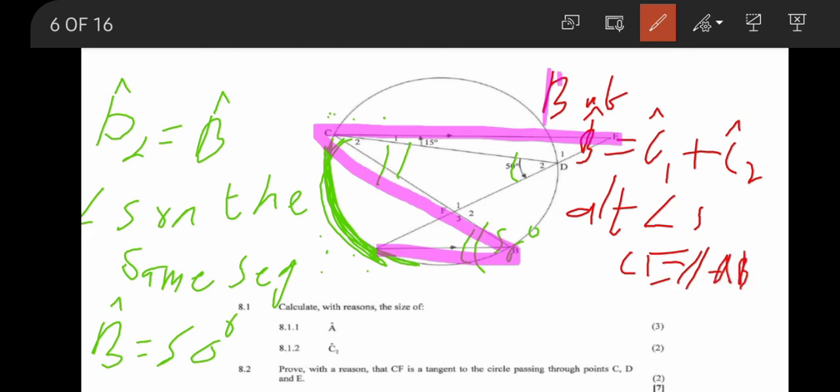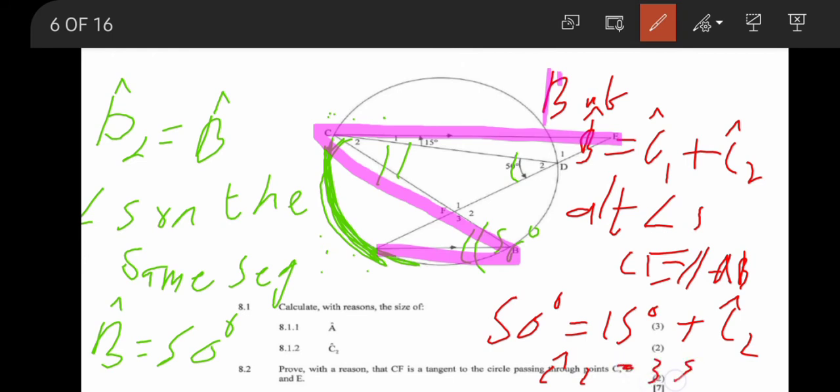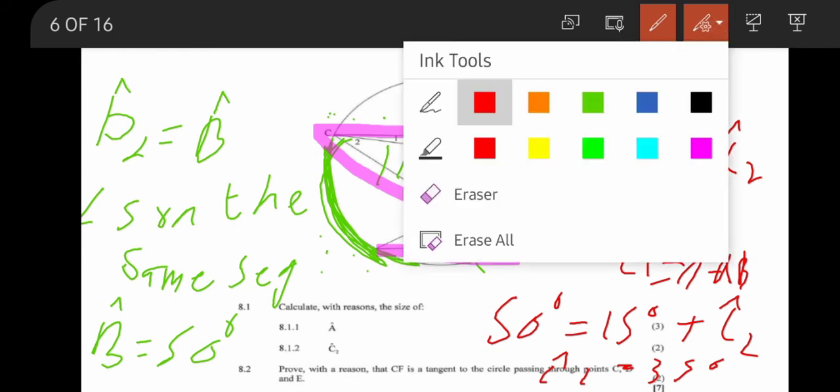Then what's my C1? My B, I have 50 degrees. C1 I'm given to be 15. I'm looking for C2. So C2 is 50 minus 15, which will be 35 degrees. So my C2 is 35 degrees.